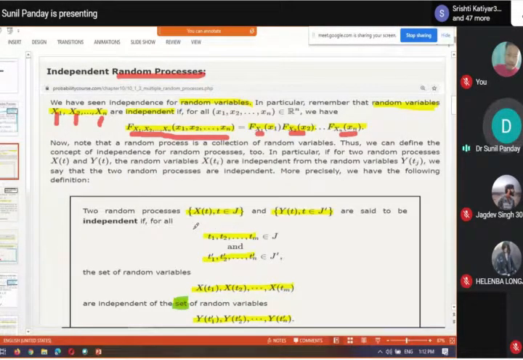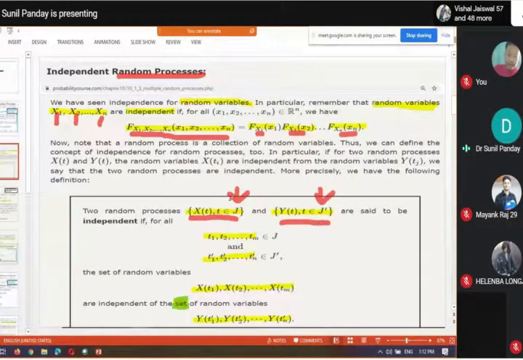Suppose there is one random process X(t), t belongs to J, and another random process Y(t), t belongs to J dash. Here J is one time index and J dash is another time index. Maybe one is discrete and one is continuous, it can be. We have these two random processes.